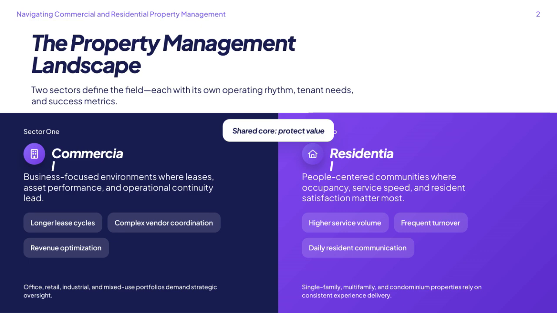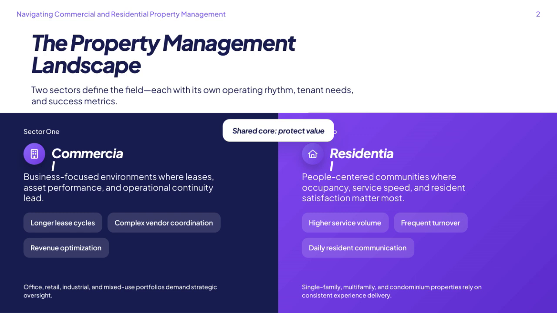On the other hand, the residential sector is much more people-centered. This includes single-family homes, multifamily units, and condominiums, where the emphasis lies in creating strong, positive communities. The challenges typically involve a higher volume of services due to frequent tenant turnover and daily communication with residents.